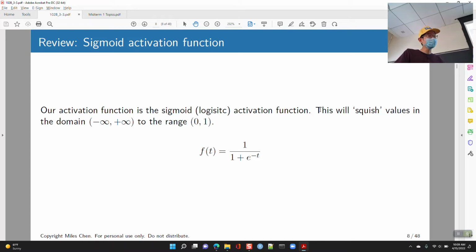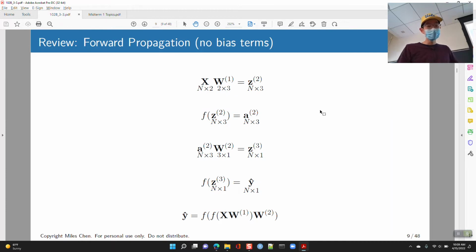But we would effectively just be scaling things by doing matrix multiplication. By having an activation function, we can introduce a nonlinear relationship, something where we're not just scaling or multiplying. In our case, we're going to use the sigmoid activation function, but you can have one of many other activation functions.